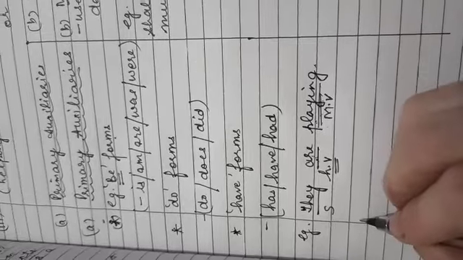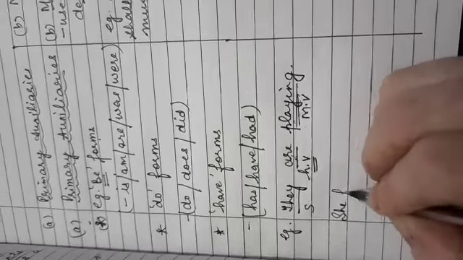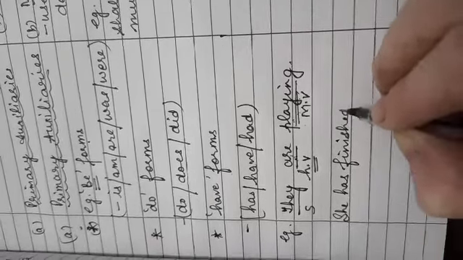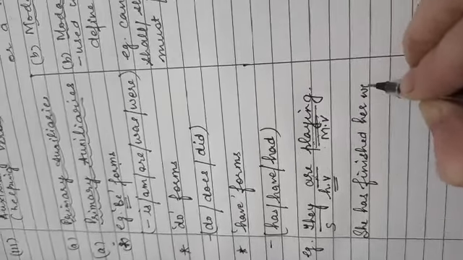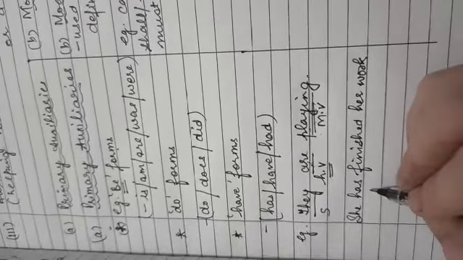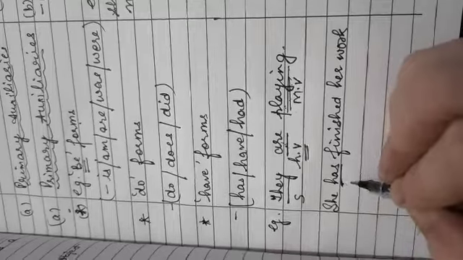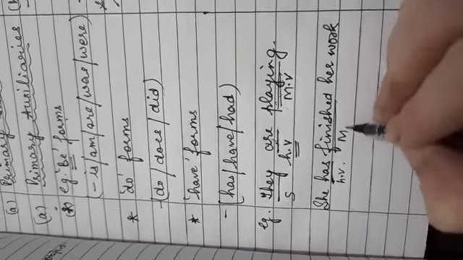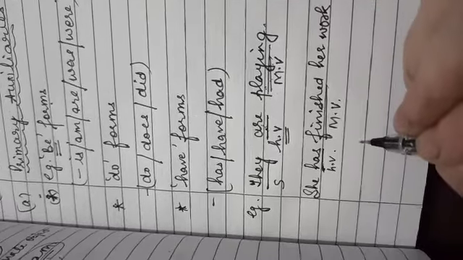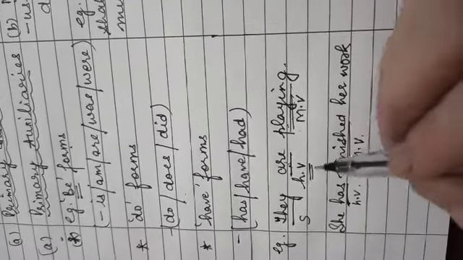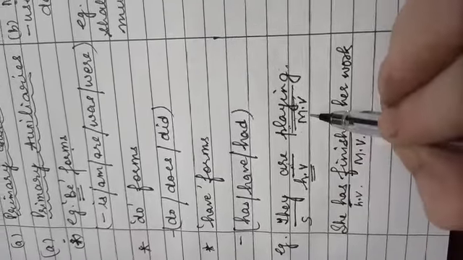So they are used with the main verb. For example, she has finished her work. Take this example. So what is the helping verb over here? This is helping verb. Finished becomes main verb. Clear? You can see, helping verb is used with main verb.